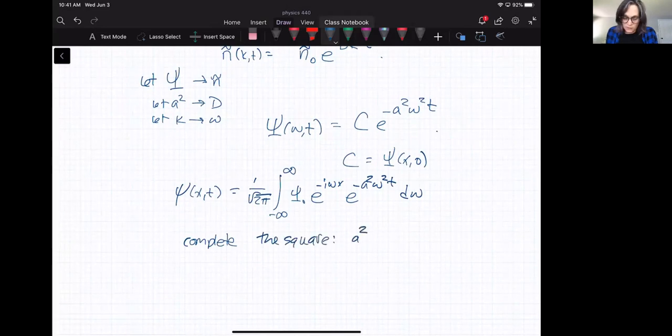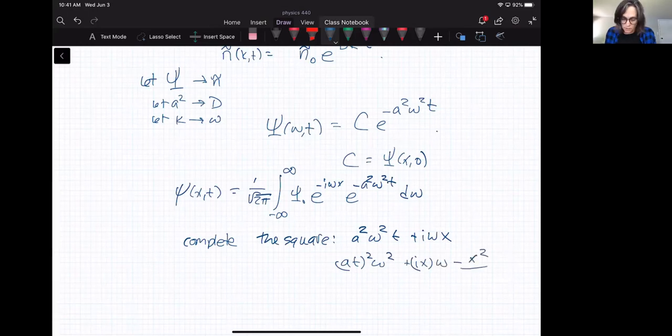And so we have a squared omega squared t plus i omega x. What we're going to have here is a squared omega squared t plus ix omega minus x squared over 4a squared t plus x squared over 4a squared t.